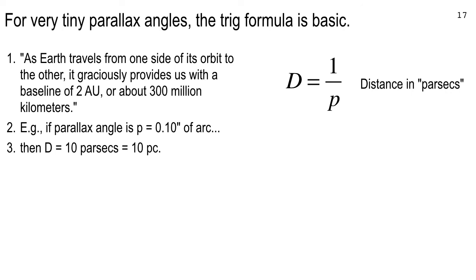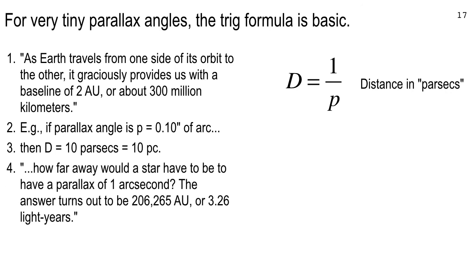So, Dr. B, that's very nice, but what is a parsec? That's an abbreviation for parallax seconds, based on our terrestrial baseline to astronomical units. So how far away would a star have to be to have a parallax of 1 full arc second?